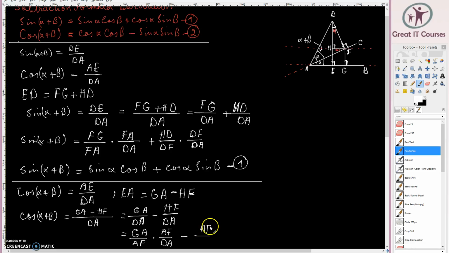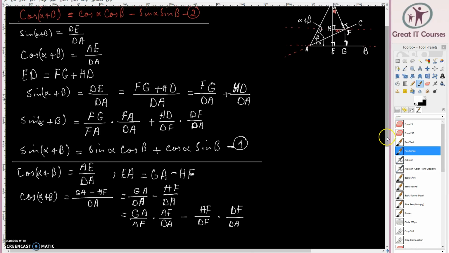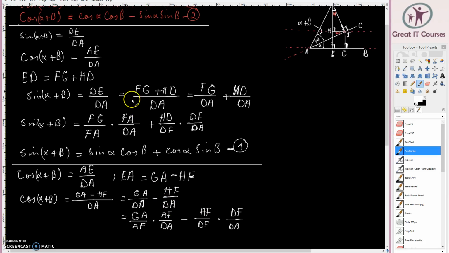So HF by DF into DF by dA. And now in a minute you'll just see why we did that, because then you can basically get to this formula right here.